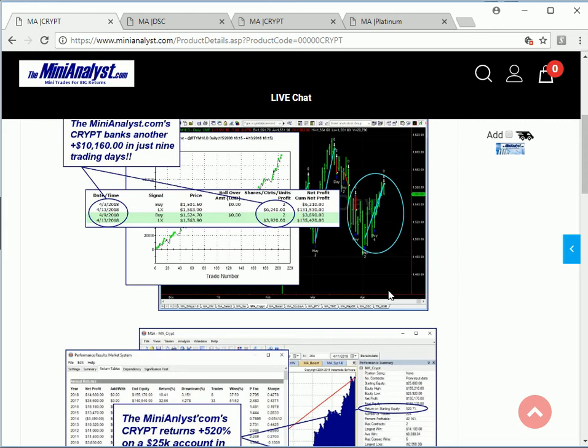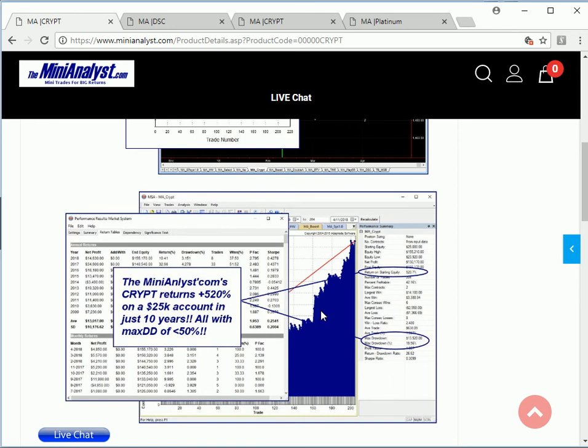Now, the fees you're going to pay: 20% of the profit, so $13,500 a year, 20% would be about $2,700 a year in fees, and that's just performance fees. Then you're going to have administrative fees, 2%, so it's another $500 on a $25,000 account. So you're looking at $3,200 in fees if you wanted to have access to this kind of trading.